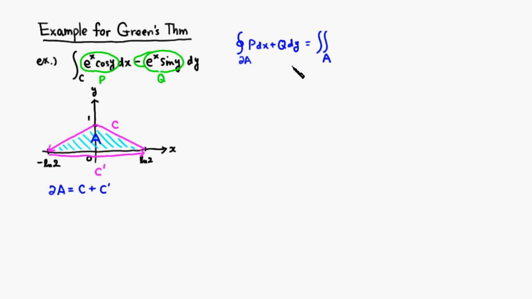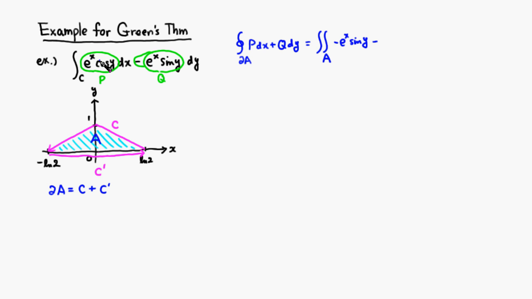This is going to be the partial of Q with respect to x. Let's take the derivative with respect to x. It's still going to be exactly the same, so it's negative e to the x sine of y. Minus the partial of P with respect to y.